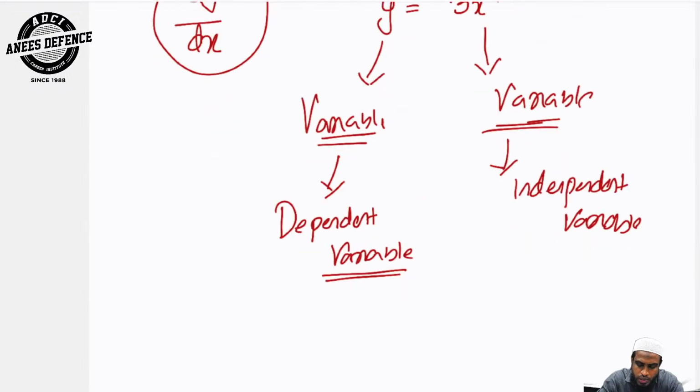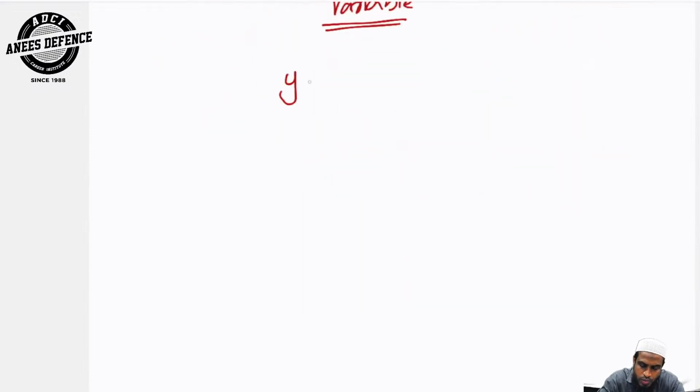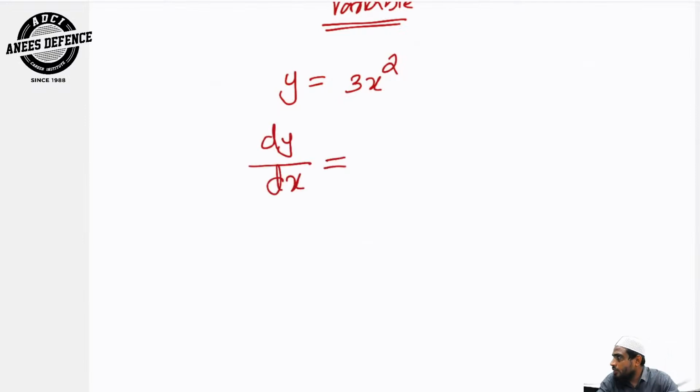So now you can calculate the derivative of y equal to 3x square. That is represented as dy by dx. You are actually calculating the very small change in y with respect to the very small change in x.